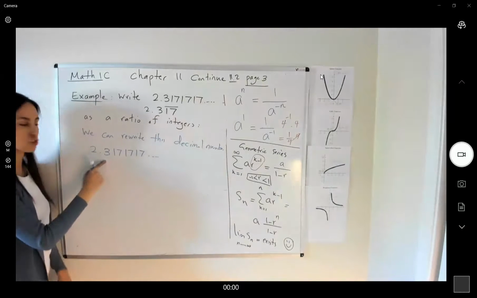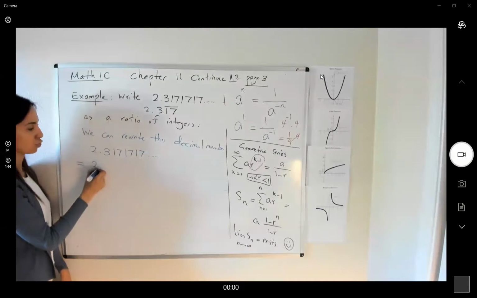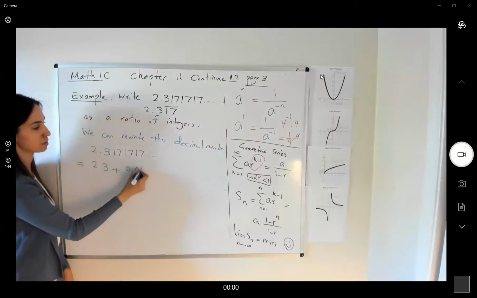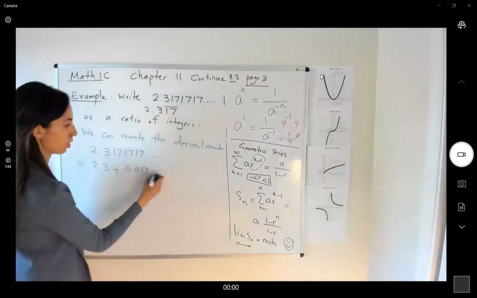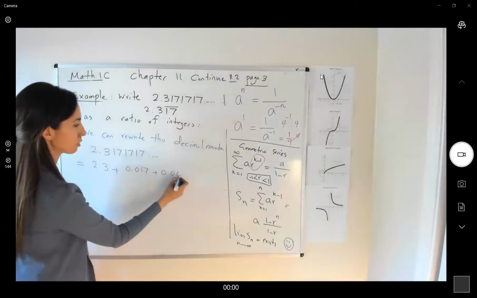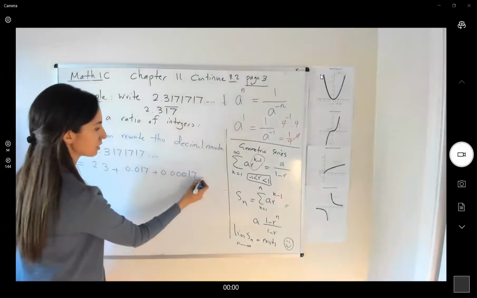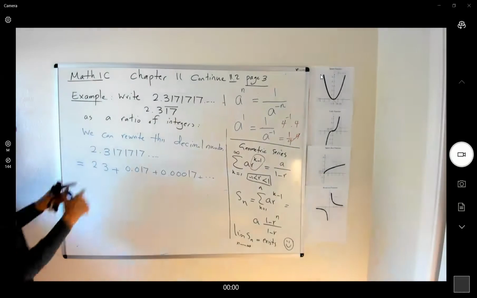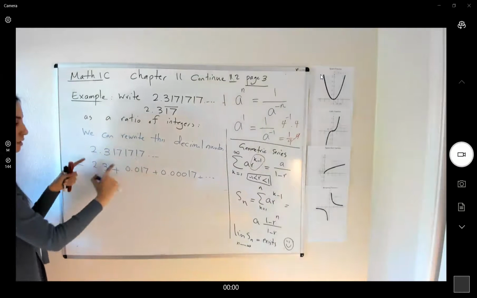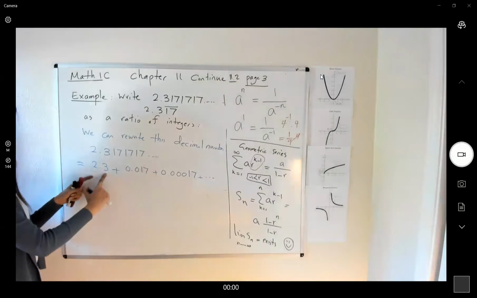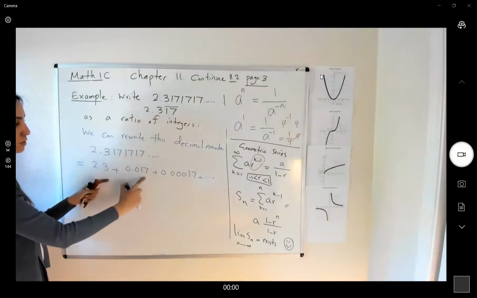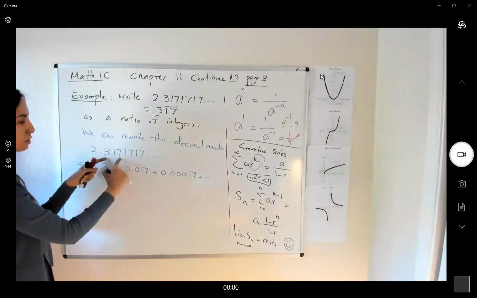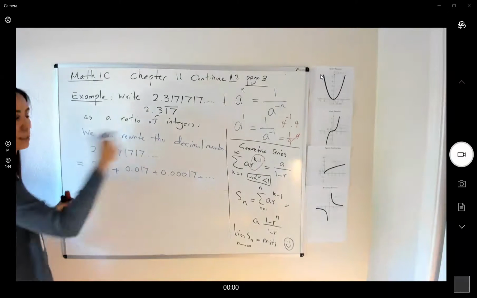So this is actually the sum of 2.3 plus 0.017 plus 0.00017 and so on.